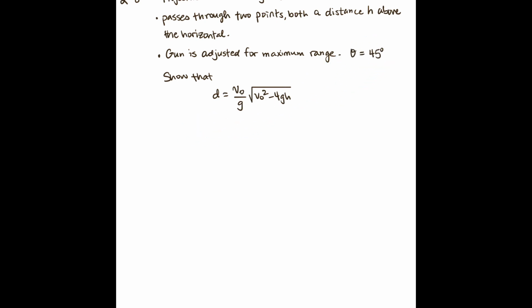This tells us theta, because we know in projectile motion, the angle which gives the maximum range is 45 degrees. So that's a given. Now we'll start by drawing our coordinate system and a picture.